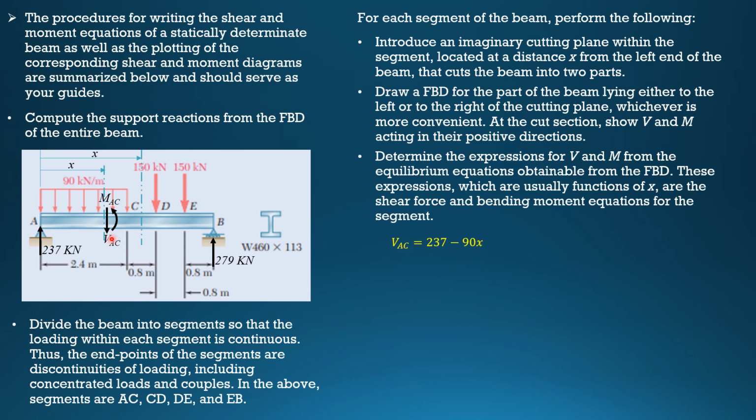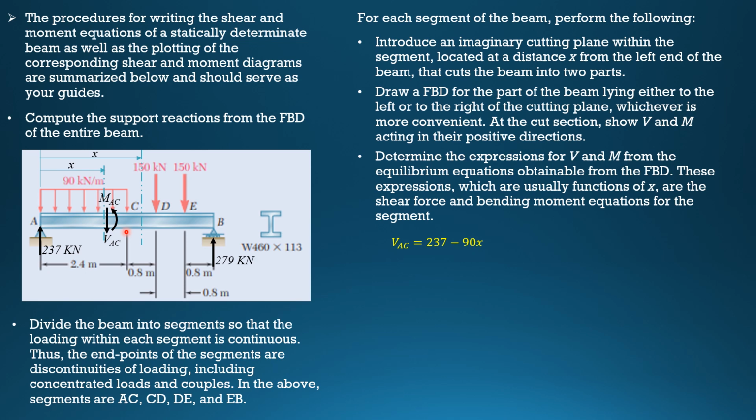For moment also, you sum up moments about this section here. So this will be the equation: 237 times x, because that's clockwise, then minus the counterclockwise moment, 90 times x over 2, then minus MAC equals 0. Therefore, the shortcut to MAC is clockwise minus counterclockwise.